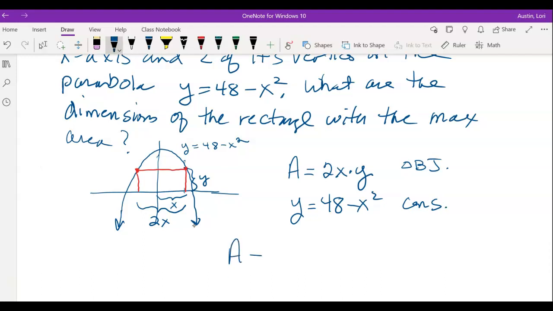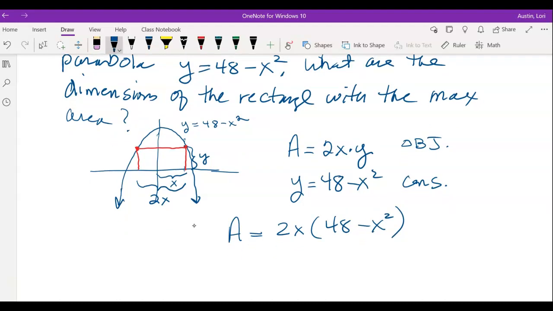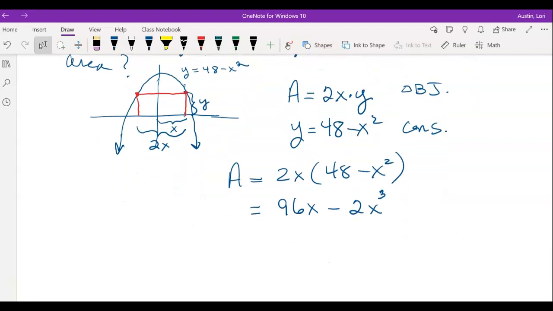So area, right? This is the point on the parabola.